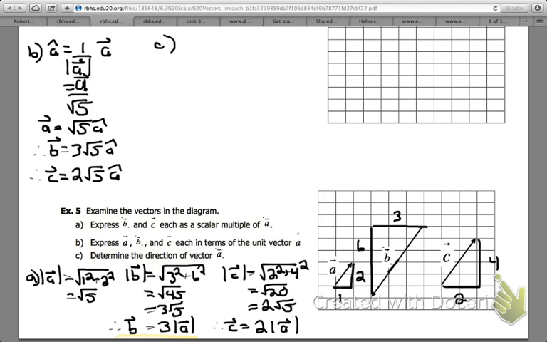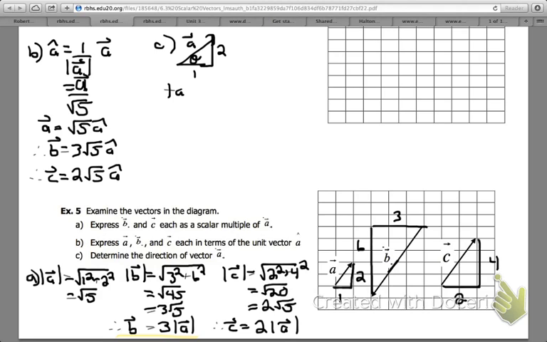Now remember, when we are determining the direction, we're talking about an angle measurement. So here we have our vector A. We know by doing this in part A that we have a difference of 1 and 2. So our rise here is 2, our run is 1. So what we're going to do is find theta here. This is actually going to be the measurement according to our x-axis.